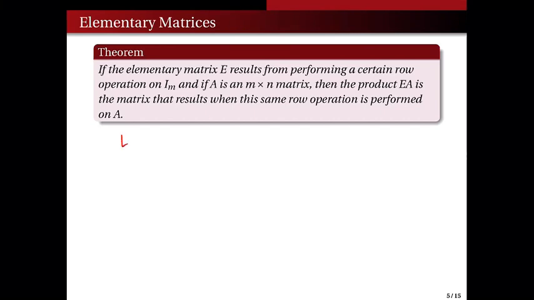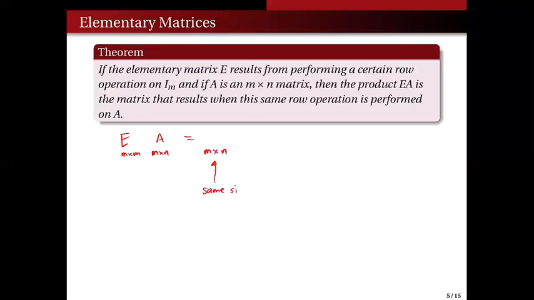So E is M by M, A is on the right, which is M by N. So the resulting product here is still M by N.